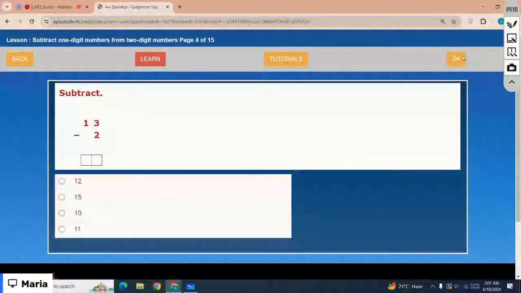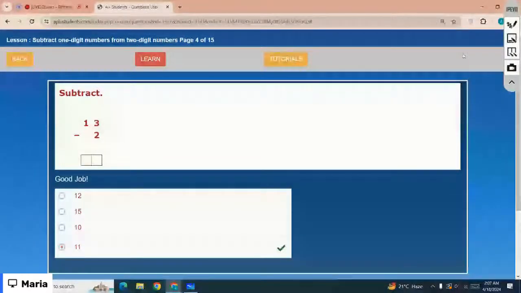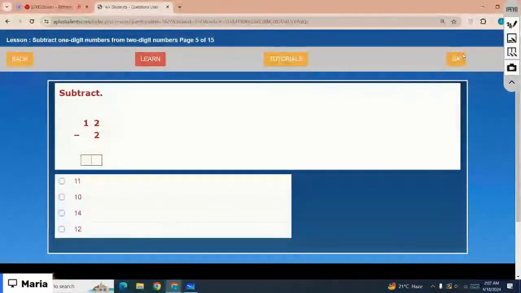The next one is 13 take away 2, which is the correct option? Yes, very good. The correct option is 11. The next one is 12 take away 2, which is the correct option?